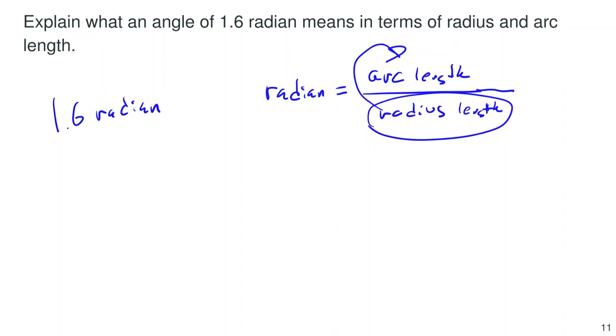So contextually, 1.6 radians means that if I have an angle like this, I'm just sketching an angle, and this is the radius, this is the radius, this arc length is 1.6 times as large as the radius length for this angle. So let me write that in a sentence.